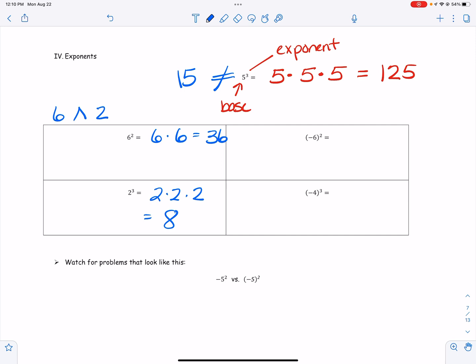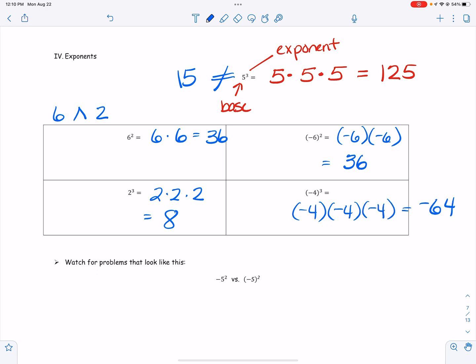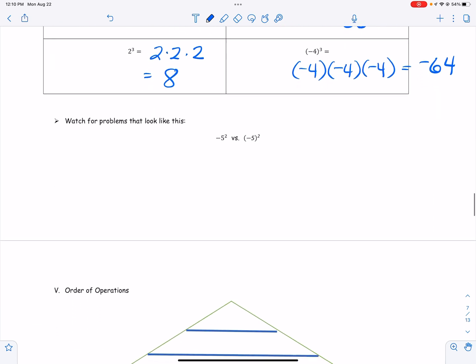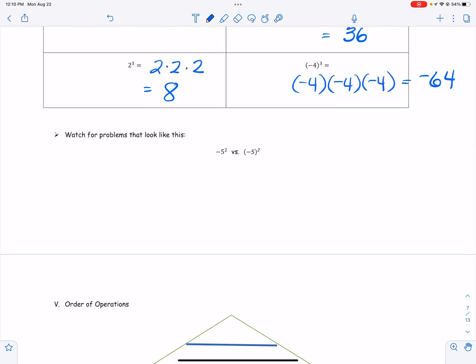If the negative sign is in parentheses, that means it goes with the base, and so that gives me a positive 36. Here we have negative 4 times negative 4 times negative 4, which is negative 64. Now, there was one instance where you will have a negative sign that is not included with the base and a negative sign that is included with the base.